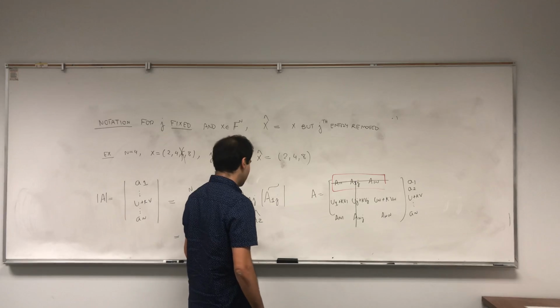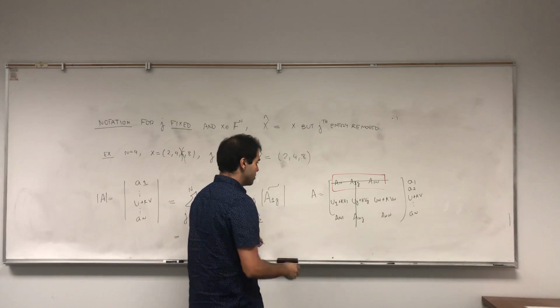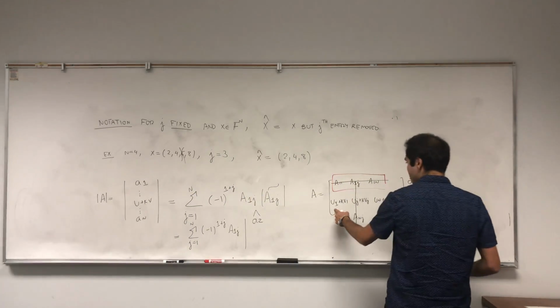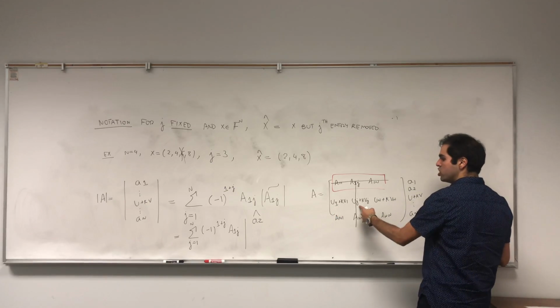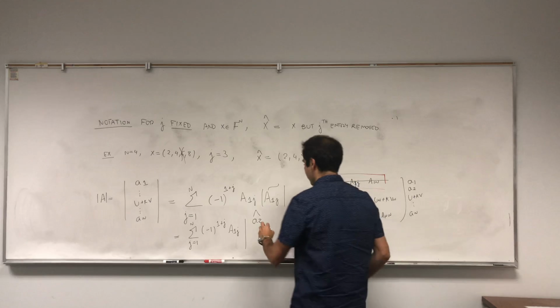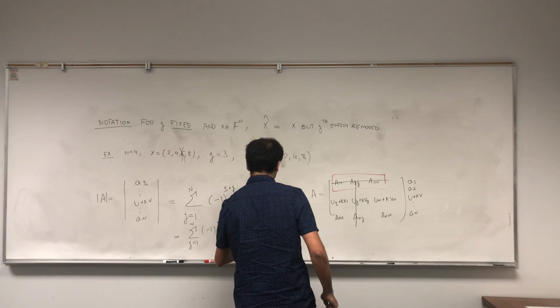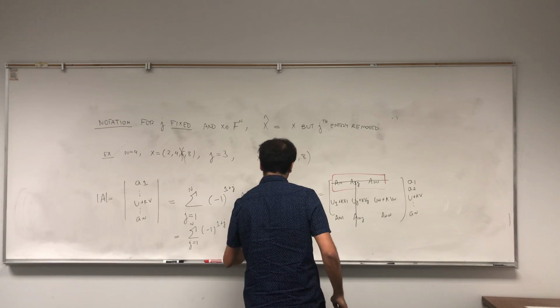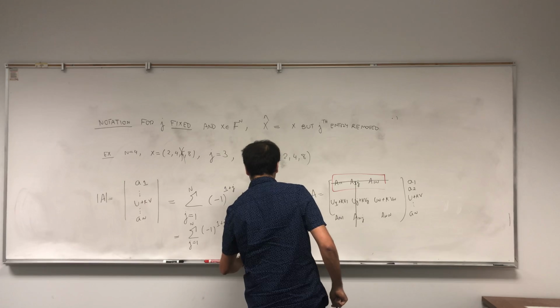So A2 hat, and then U hat plus KV hat, which is just U with the jth entry removed, plus KV with the jth entry removed, up to AN hat.